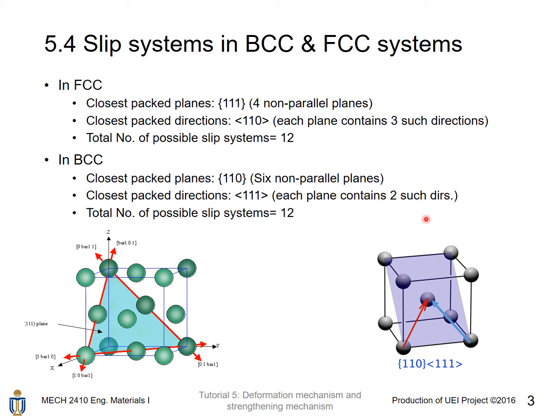And how can you remember it? It is basically the diagonal direction. It is the first diagonal, and the second diagonal direction is the slip direction. And the total number of possible systems is again 12.